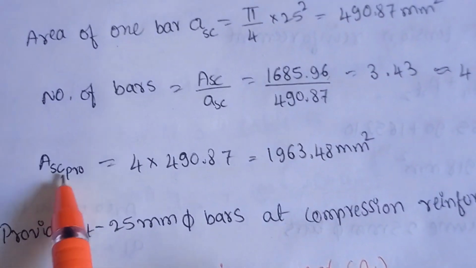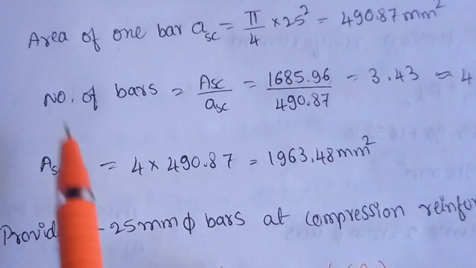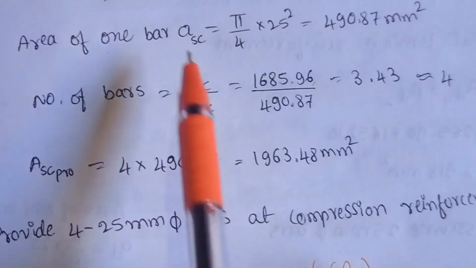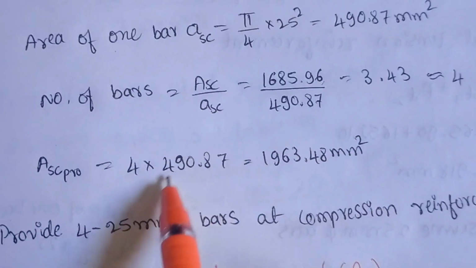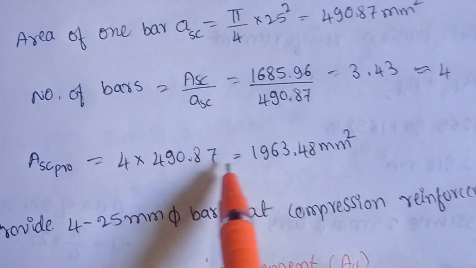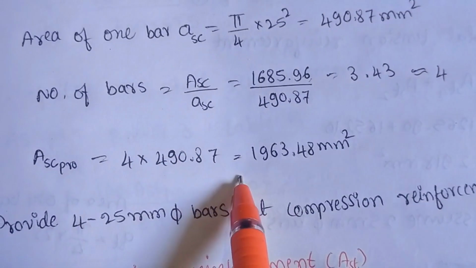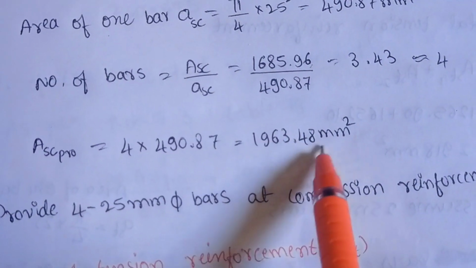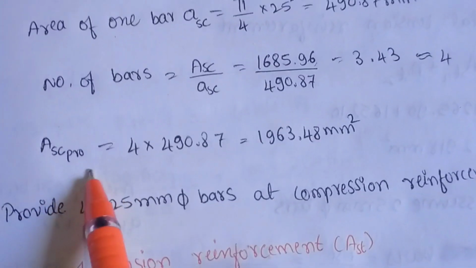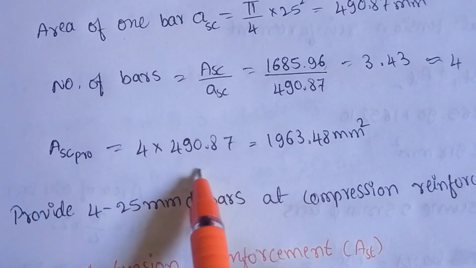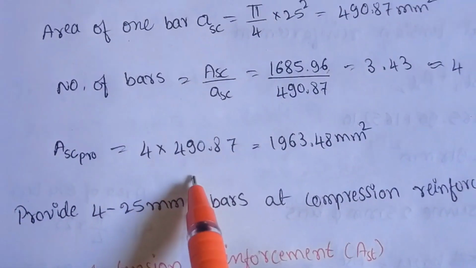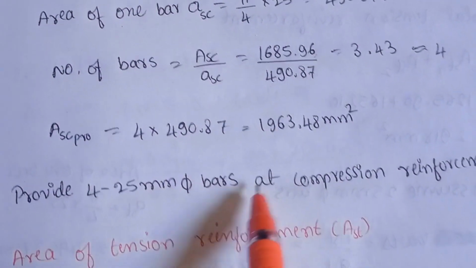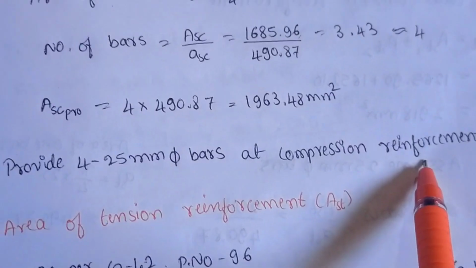So ASC provided is equal to number of bars into area of one bar, 4 into 490.87. After simplifying, we will get ASC as 1963.48 mm square as ASC provided. So this is how we calculate the ASC provided. Provide 4 numbers of 25 mm diameter bars as compression reinforcement.